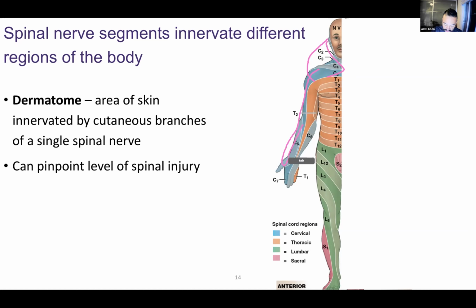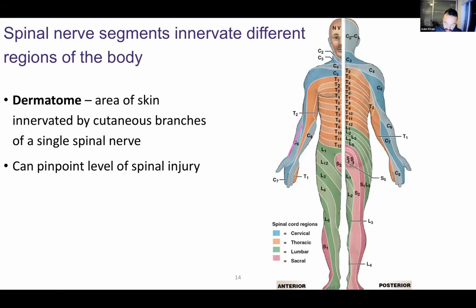Thoracic mostly in the chest area and abdominal area as well. Lumbar in the anterior leg. And then if I bring up the posterior, you'll see more lumbar, more sacral in the posterior leg. Sacral is more in the posterior leg.